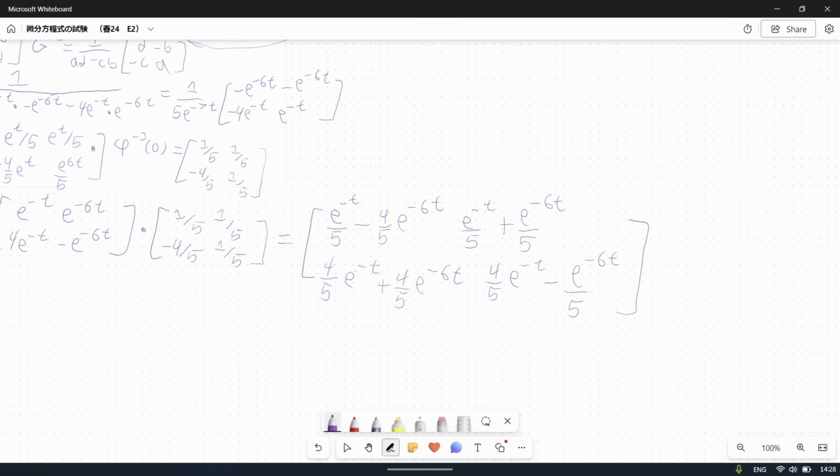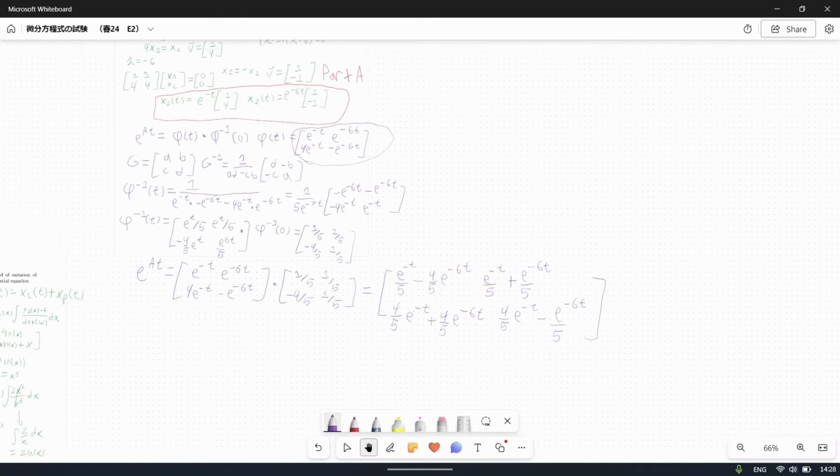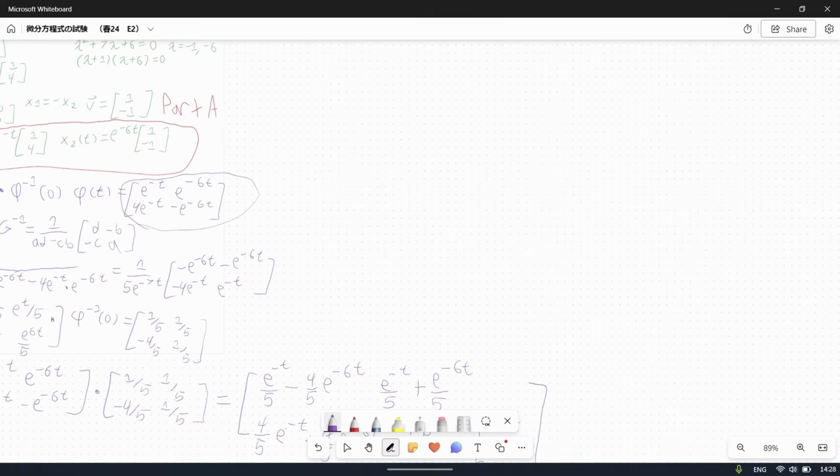And if I didn't make any algebra errors, this should be the final matrix exponential. We can also simplify this a little bit. But yeah, this giant ugly matrix is going to be equal to our matrix exponential. So when we simplify that, let me put the simplified answer over here.